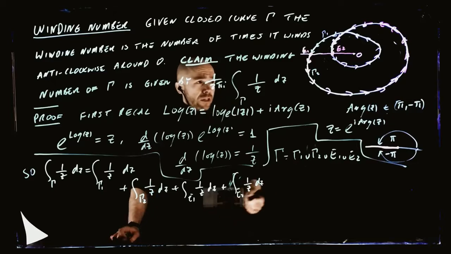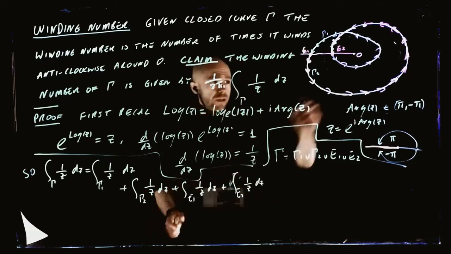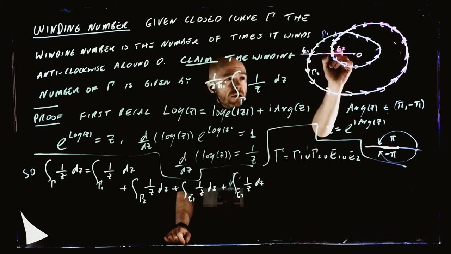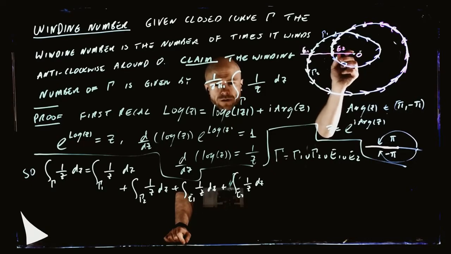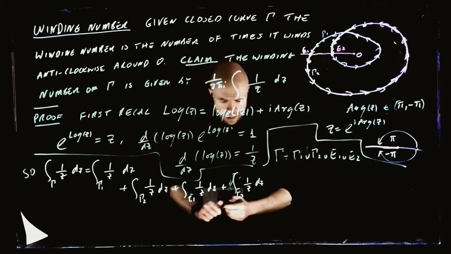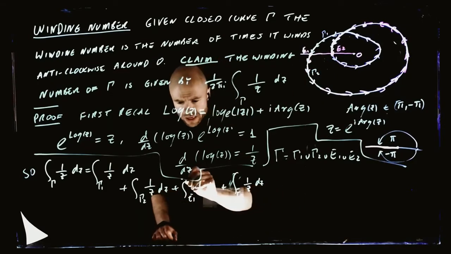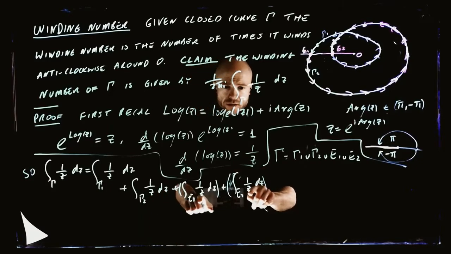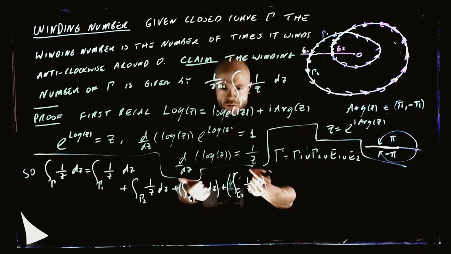And I don't care about them because 1 over z is bounded, because we are some definite distance away from 0. So on this little error here, we are some definite distance away from 0. I can make the length of this little part as small as I like, and the same thing here. So these I claim we can just forget about, because the function we're integrating is bounded on these little paths, and I can make the length of the path as small as we like. So they're not really an issue.